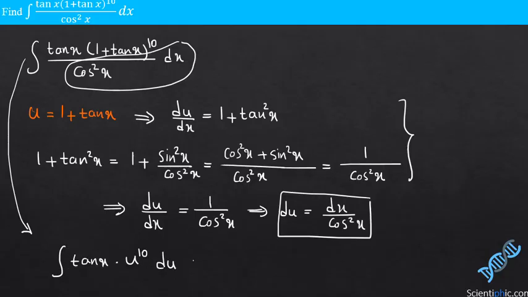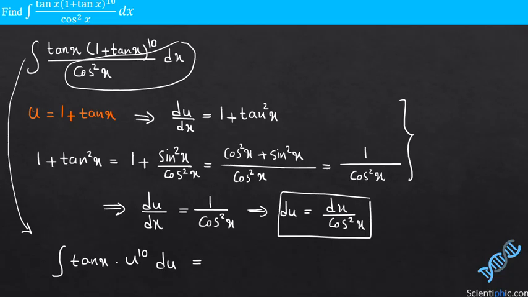And now I have to convert tan x into a function of u, because in the integral, since the variable is u, we only want to have u as the variable in the expression. Tan x is a function of x, and we want to write that in the form of something which is a function of u.